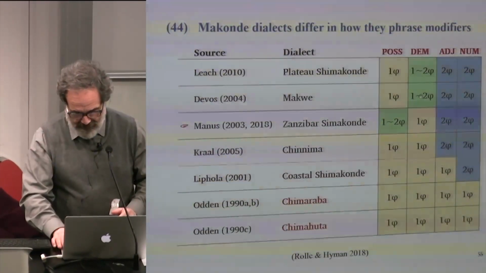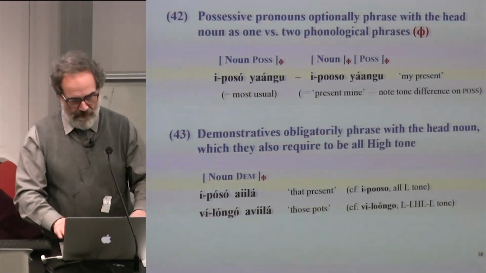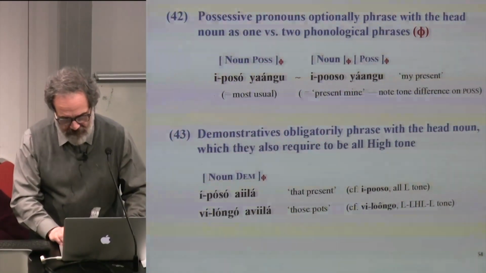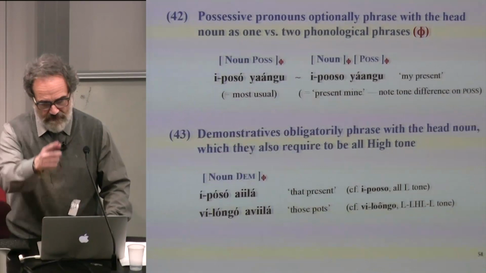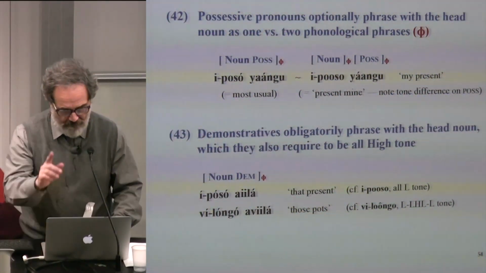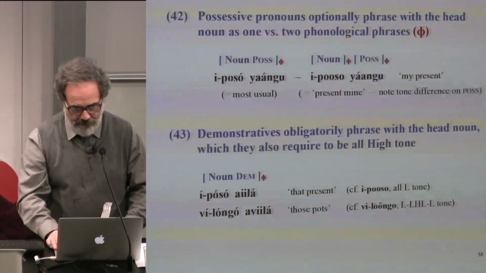So by itself, present is iposo, all low tone, but it becomes iposo, and the word for pots is vilongo. So it has a rising falling on that long vowel, longo. But with the demonstrative it becomes vilongo, all high tone.